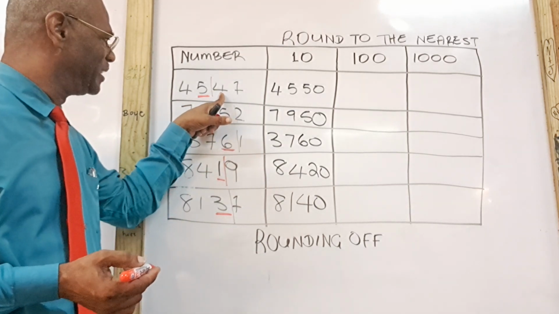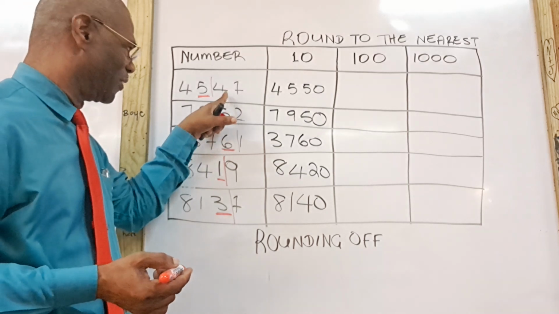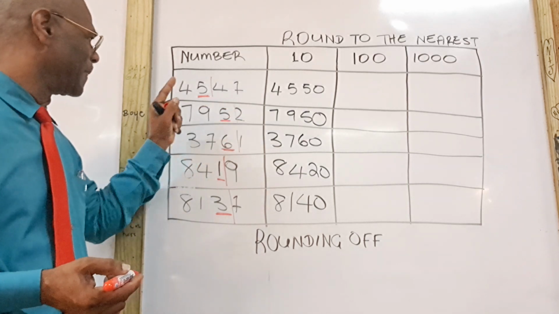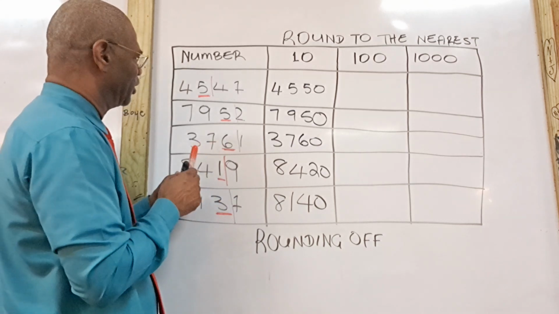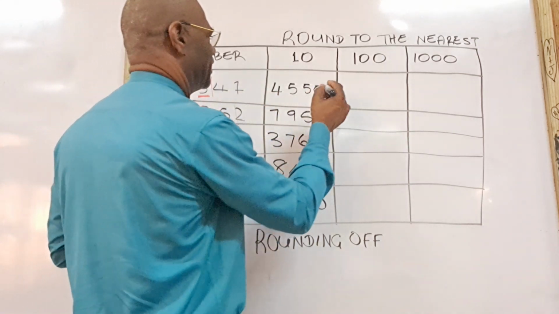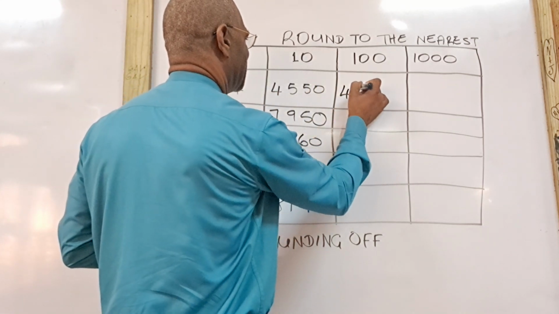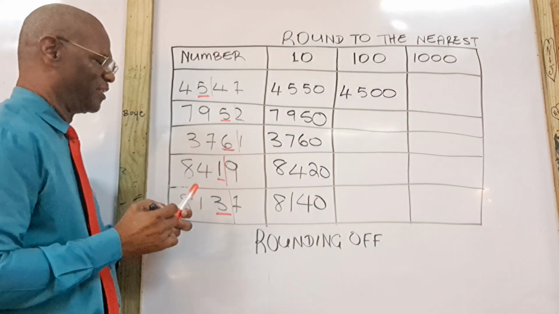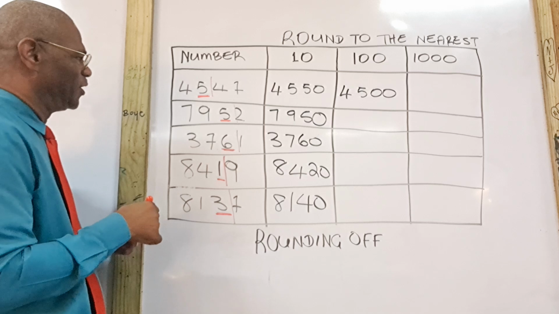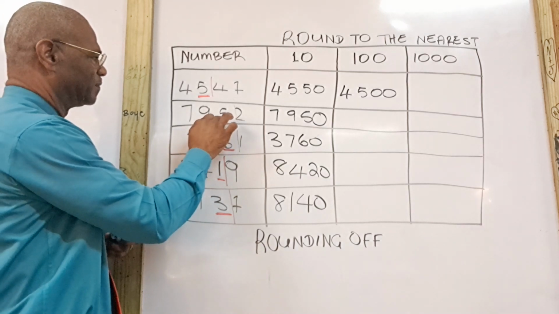So we are going to simply discard these two, the 4 and the 7, alright? And replace them with zeros. So we're going to keep the 4 and the 5, so that's 4,500. Alright? 4,500. Then we go to the next one.